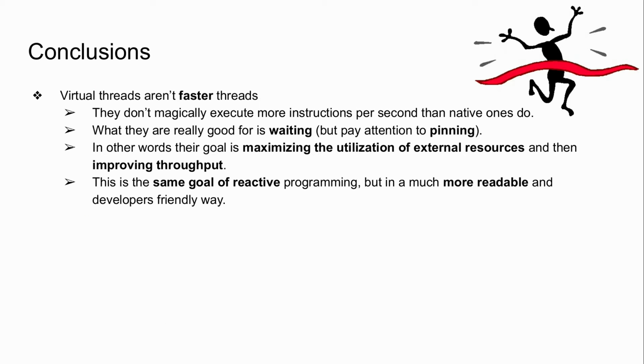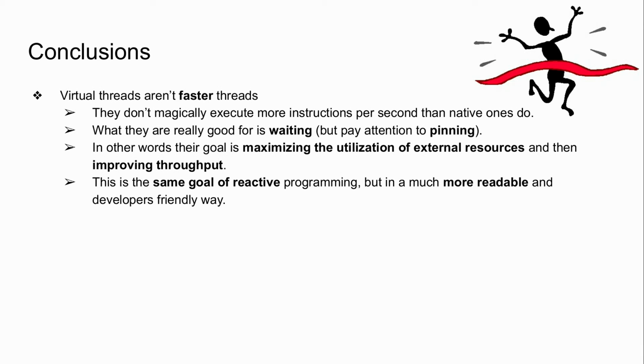So just a few conclusions about this. Virtual threads are not faster threads. Yes, they look faster in CPU-bound tasks, but just because they are not fair, and probably you don't want to get there. But they are very great in a specific situation, which is the most common situation.